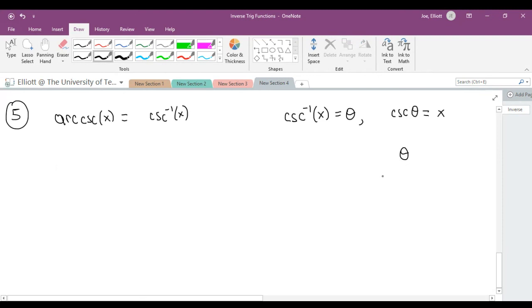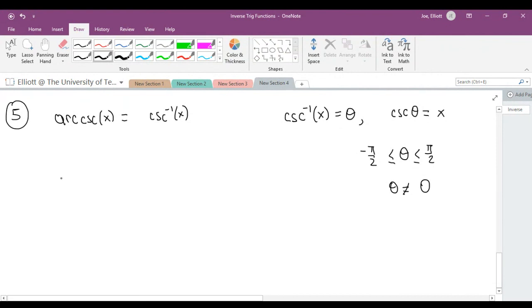So judging from what arcsecant was, this one probably will be minus pi over 2 to pi over 2, but then removing 0 since you'd have a vertical asymptote there, okay?